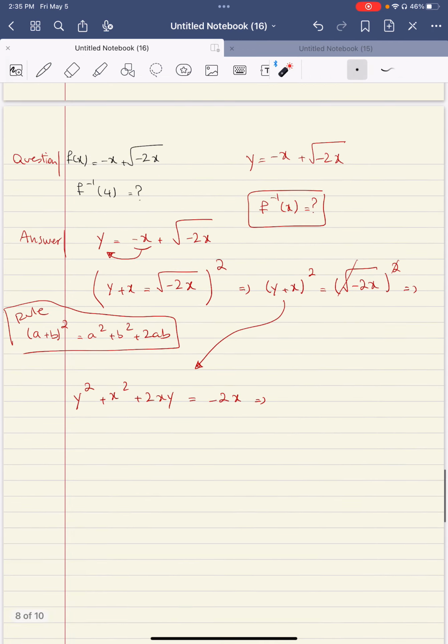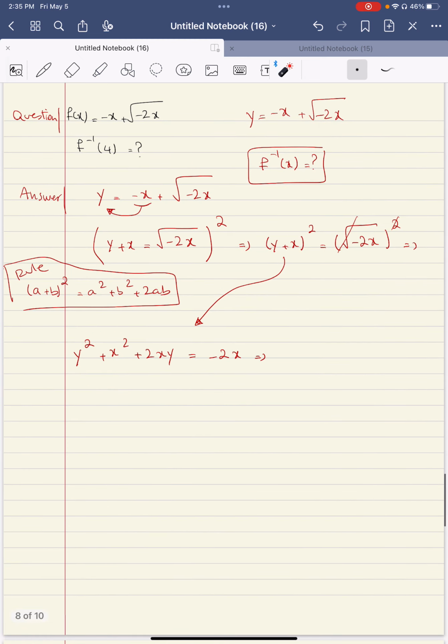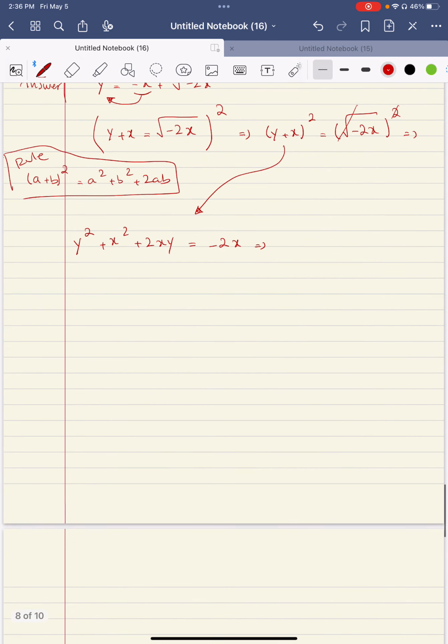So once again, we want to find x as a function of y. So all the x's should go to one side and the y's should go to the right side. So let's change this a little bit. I move the negative 2x to the left hand side. The negative would be positive when it moves to the other side, so it's positive 2x.